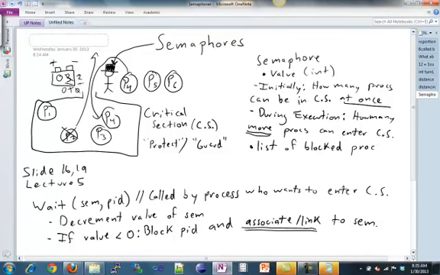So, list of blocked procs. Okay, and instead of a list, we might want to do a queue, because a queue will give us FIFO order, right? The first process that stood in line is the first one that goes in. I think the slides say that you can pick any process, but FIFO order is a pretty good policy to go by. It's pretty fair.